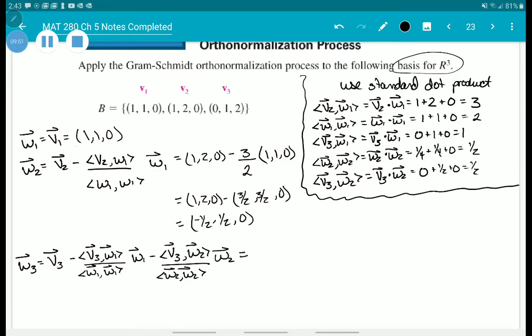Substitute in what we know. V3 is the vector 0, 1, 2. The dot product of V3 and W1 is 1. W1 is 2, times W1, minus the dot product of V3 and W2 is 1/2 over W2, which is 1/2, times W2, which is negative 1/2, 1/2, and 0.